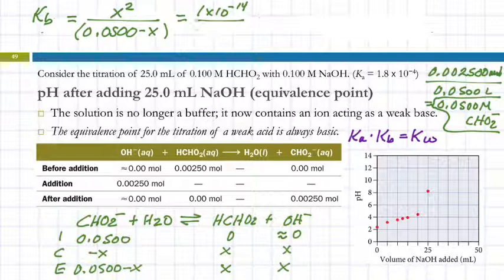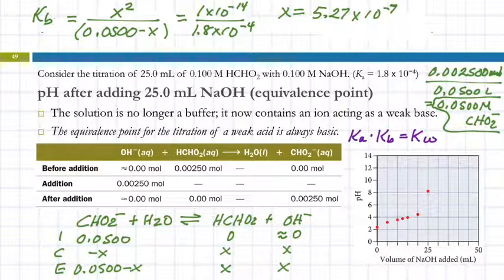So 1 times 10 to the minus 14 divided by 1.8 times 10 to the minus 4. I got 5.27 times 10 to the minus 7.